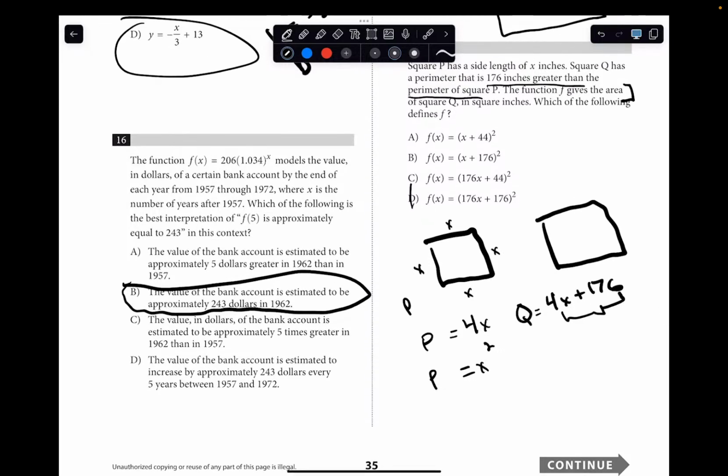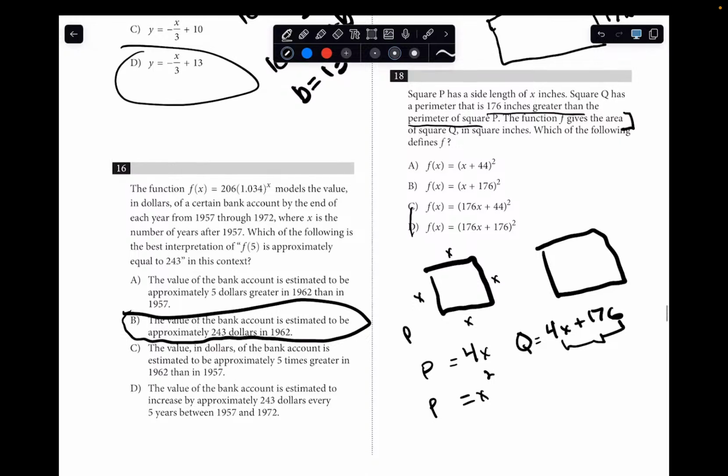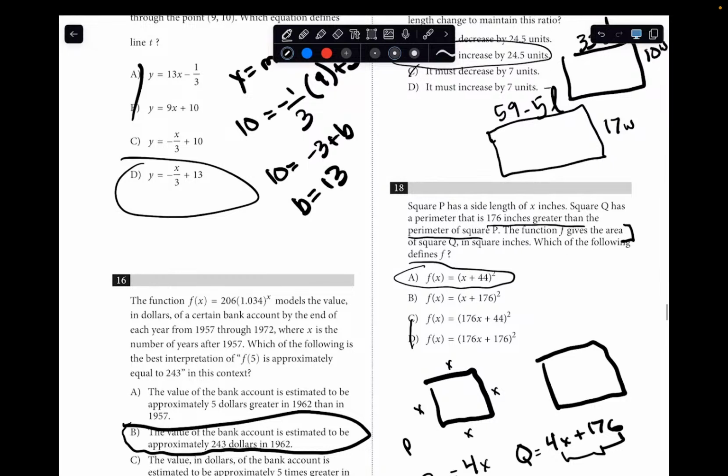These are crazy. So it really comes down to A and B, and you can plug in your own numbers, but basically you'll find that it's 44, because as you add 44 to each side, that is the increase in perimeter. The 176 increase in perimeter.